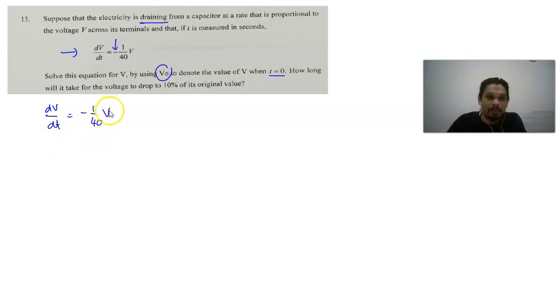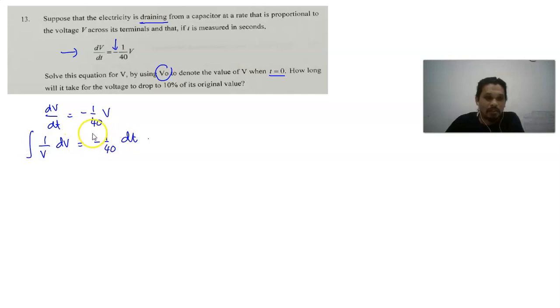So let's bring this V to the other side. 1 over V dV equal to negative 1 over 40 dt. Okay, so they are all V on the left side and a constant with the dt on the right side, the other side here. So we are going to separate the variables, integral left and right.